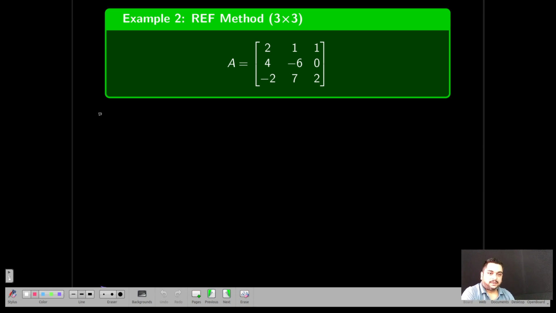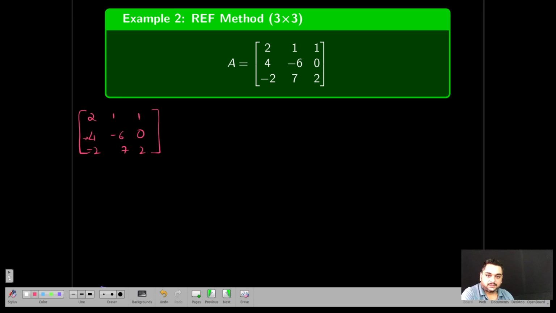Next, one more example, a 3 cross 3 matrix. The given matrix is 2, 1, 1, 4, minus 6, 0, minus 2, 7, 2. First reduce these elements. The only thing is you just note down the multipliers for each row operation.